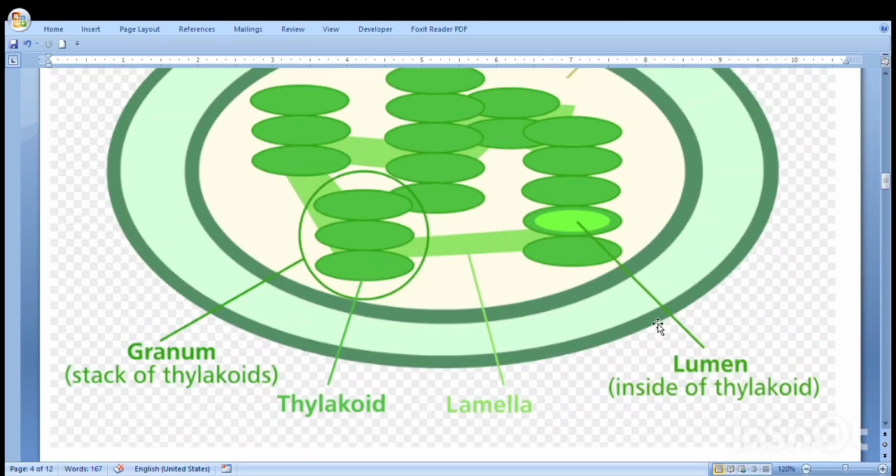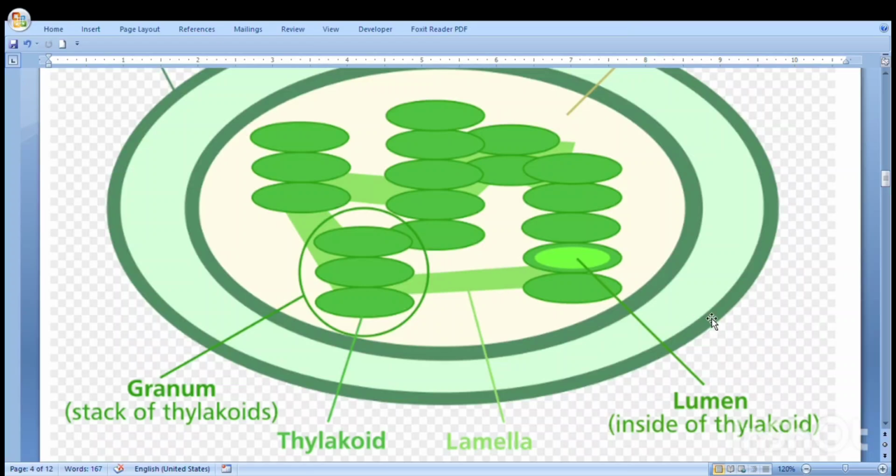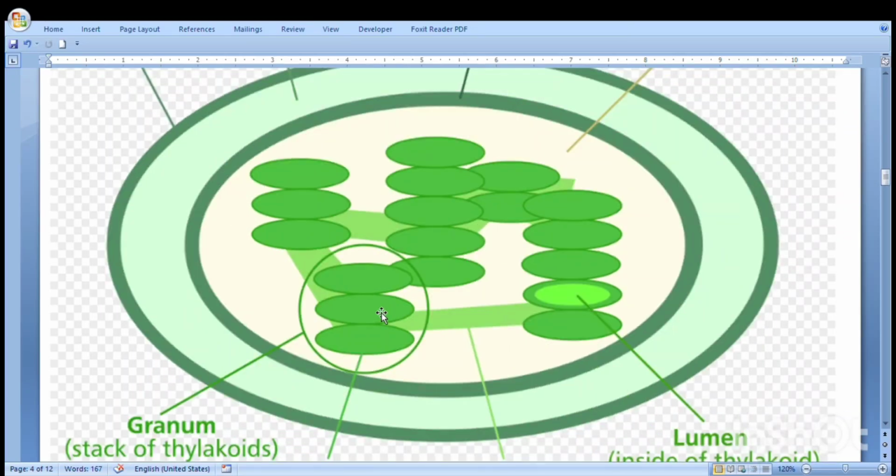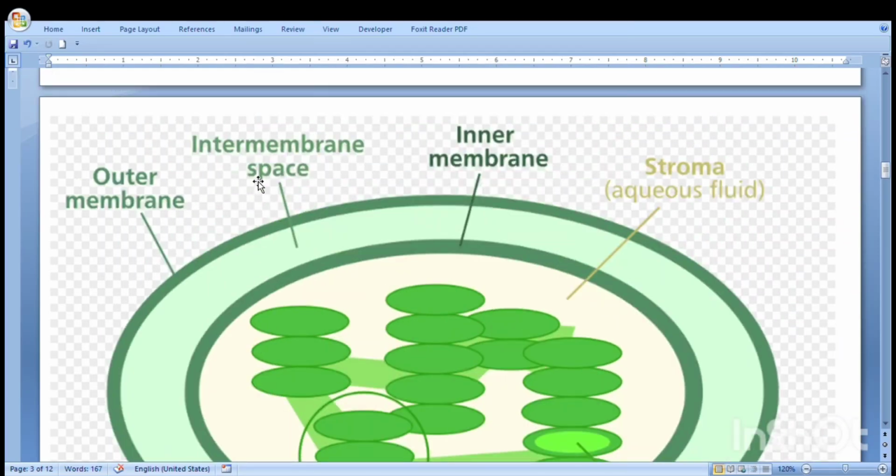The function of the outer membrane is to pass the small molecules into the chloroplast itself.